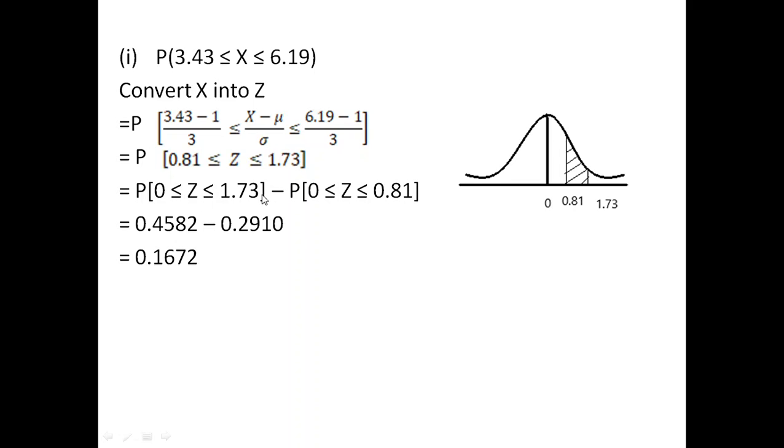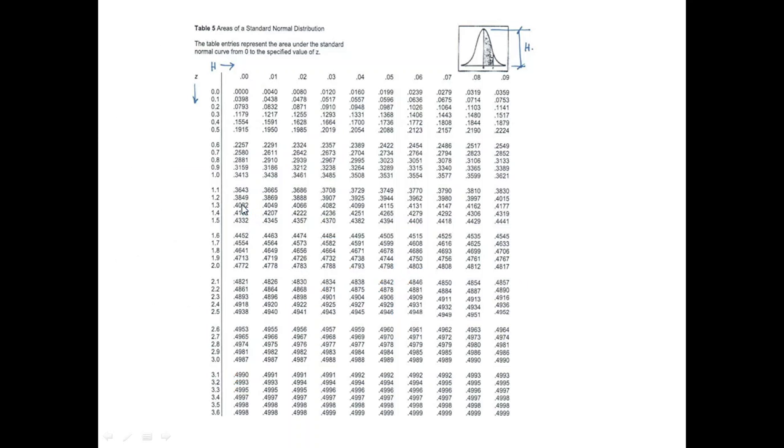So here we have first value 1.73. So we'll go back to the table, and here we will see 1.7 and then this is 0.03. So in front of 1.7 and below 0.03, we can see that this is the value 0.4582.